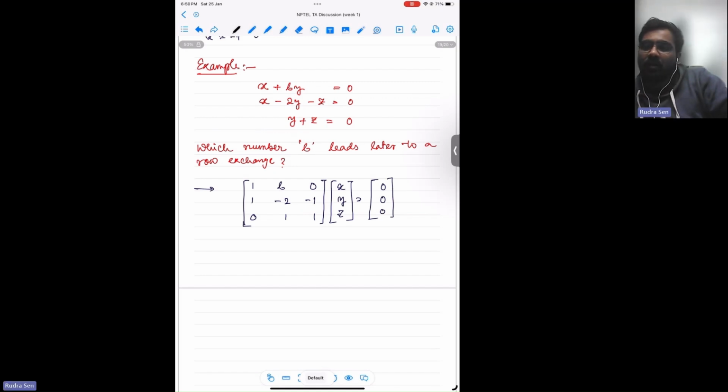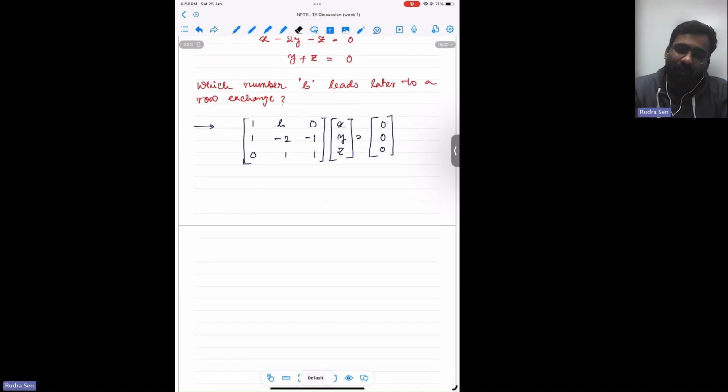Here the right-hand side, the b vector, is basically 0, so we should not worry about it. We do not need the augmented matrix A augment b. If you do, it's not wrong, but it's not required.